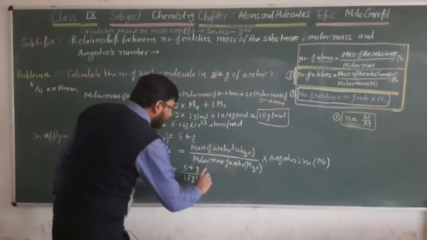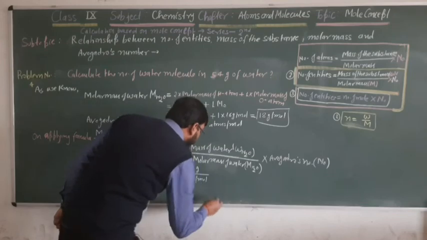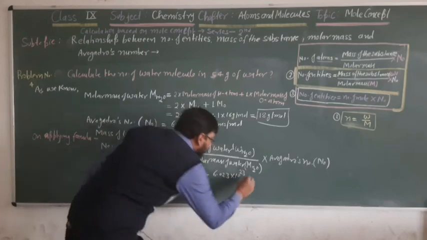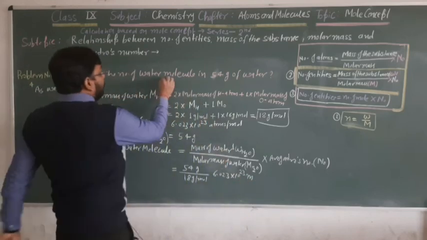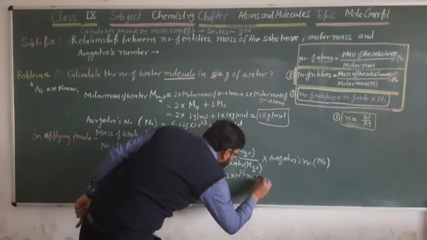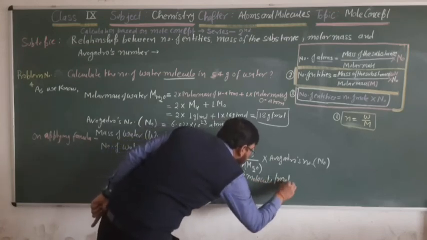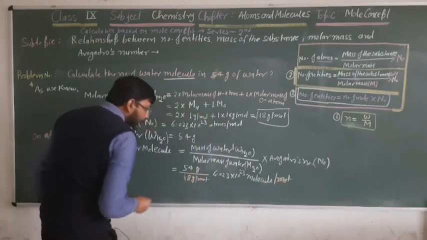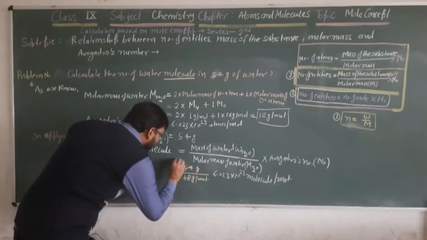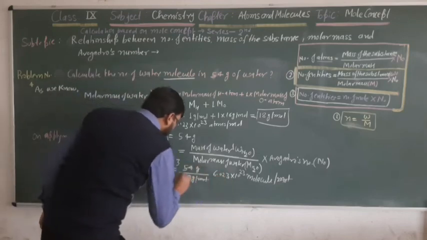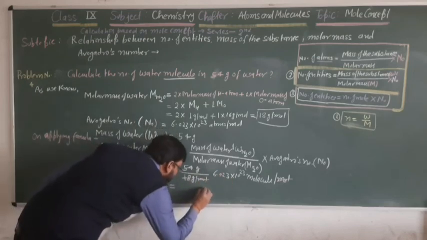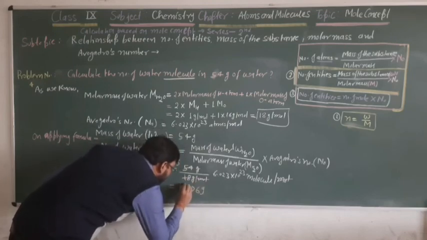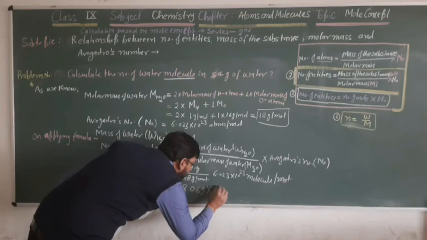And for the number of water molecules, Avogadro's number is 6.023 into 10 to the power 23. This is molecule, so we will write molecule per mole. Now see, mole cancel, gram cancel, and 18 times 3 is 54, and then multiply 3 by 6.023 to get 18.069 into 10 to the power 23.